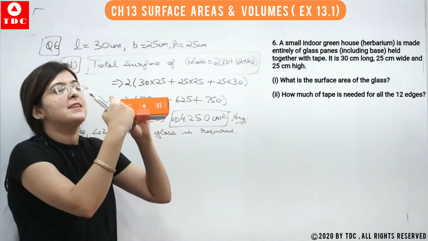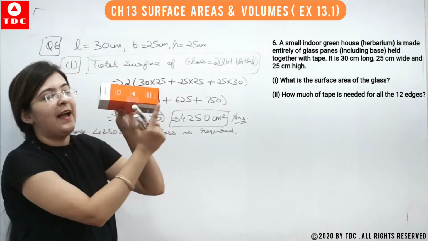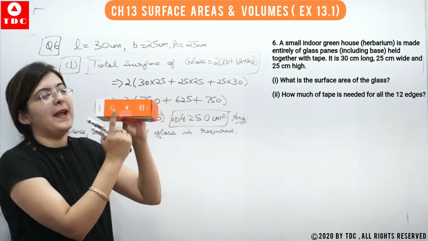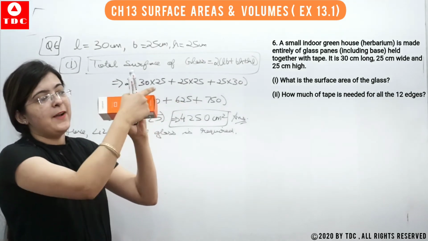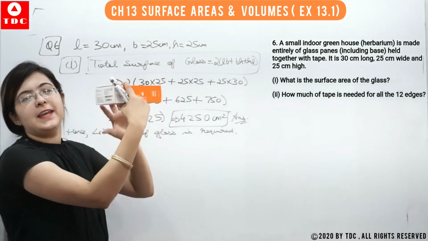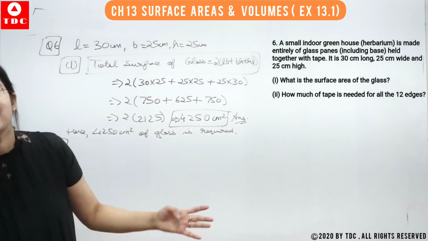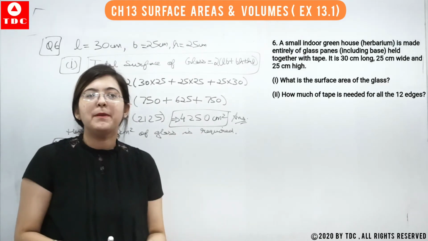That means, see, this is the length and here there are 4 lengths. Okay, then there are 4 breadths and 1 height, 2 height, 3 height, 4 height. There are 4 heights. That means there are 12 edges. So how much tape will be used?